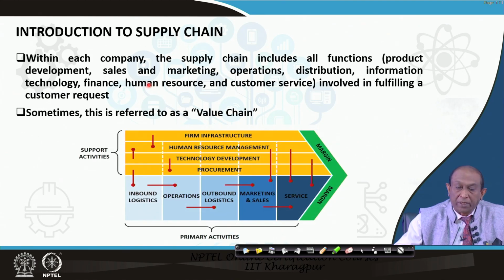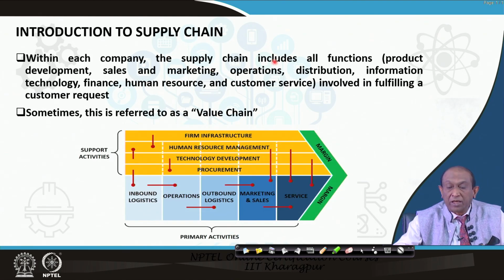Within each company, the supply chain includes all functions. Okay? All functions means product development, sales and marketing, operations, distribution, information technology, finance, human resource and customer service. All these functions are involved in fulfilling a customer's request. Sometimes this is referred to as a value chain.